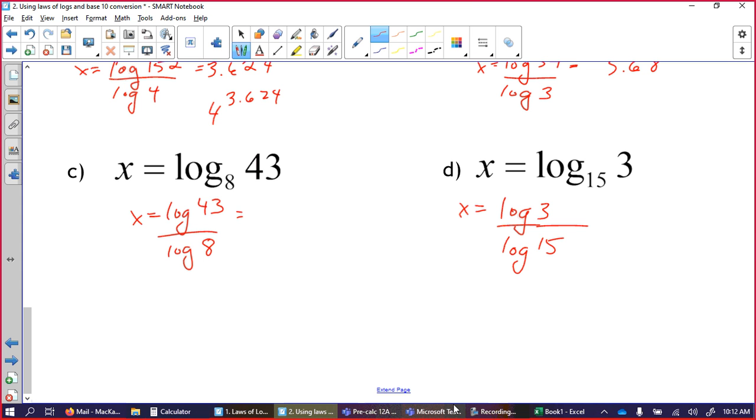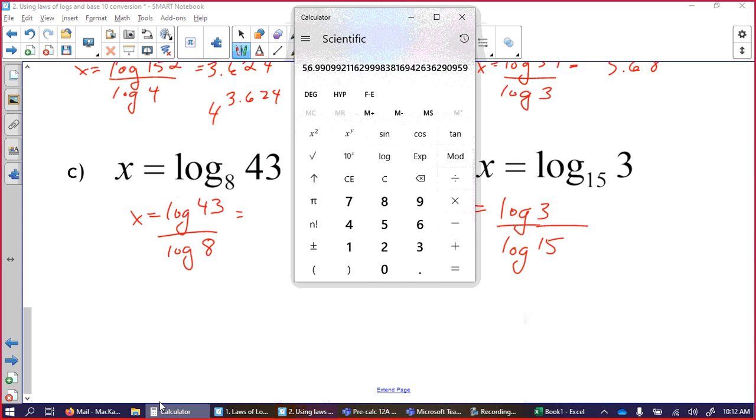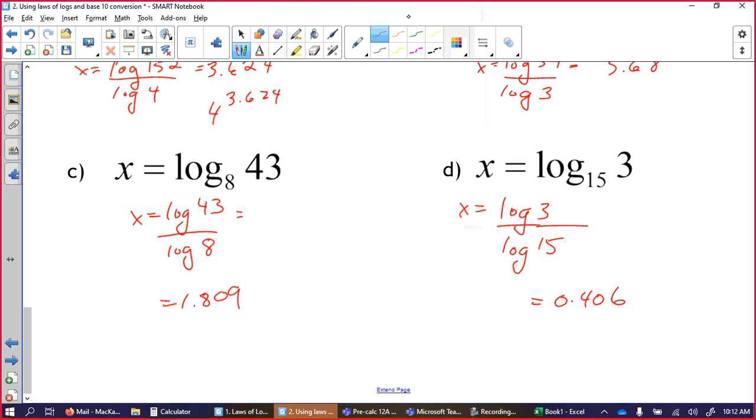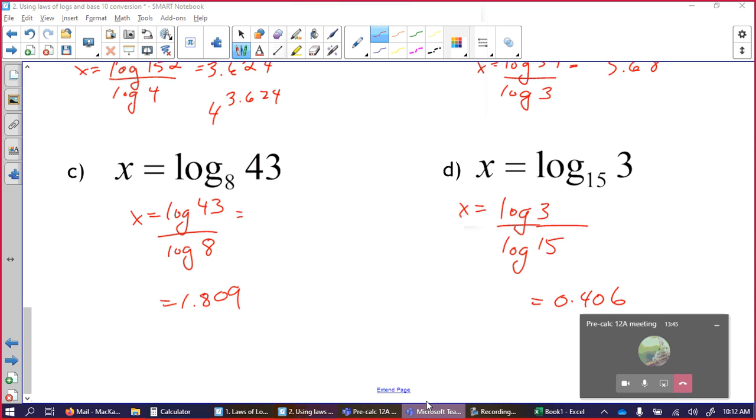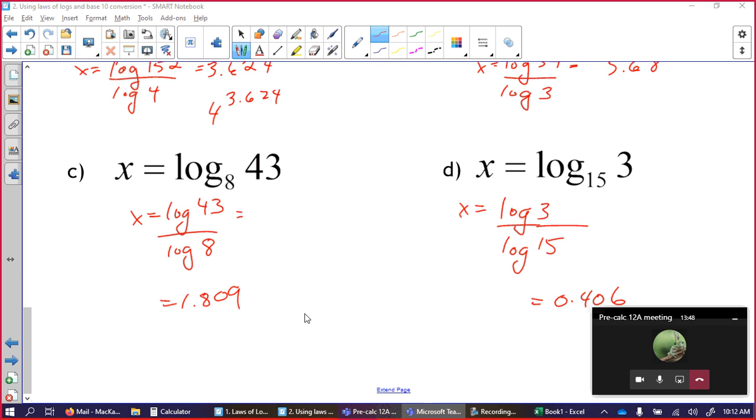Where'd my calculator go? 43 log divided by 8 log equals 1.809. 3 log divided by 15 log equals 0.406. Well, that's kind of all I... Oh, no, wait.